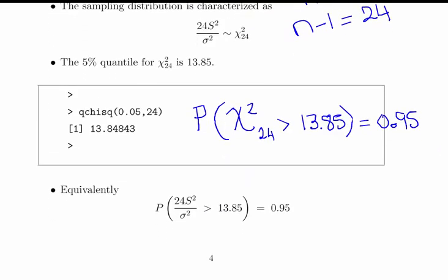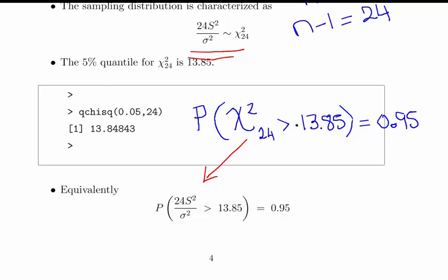So for the chi-squared with 24 degrees of freedom, essentially what we can do is rewrite that using the standard definition as 24 s squared over sigma squared, and that is greater than 13.85, and that's 0.95. I hope you're still with me there.